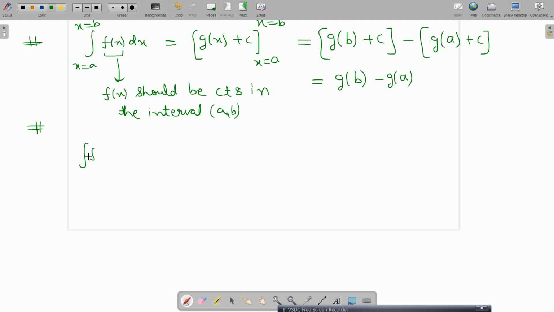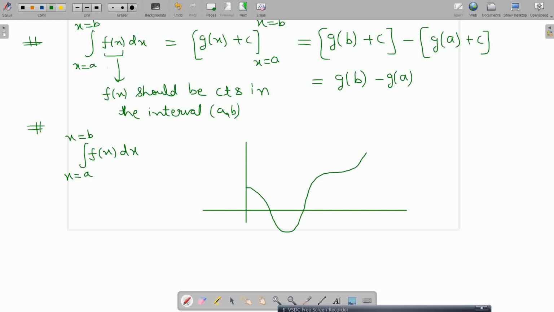Now what is the geometrical meaning of integration of f of x dx when you talk about x equals a to x equals b? See, let's suppose I'm taking this graph, and it looks like this. All right, and let's suppose this is the line x equals a, this is x equals b, and I have to find the integration of this curve f of x from x equals a to b.